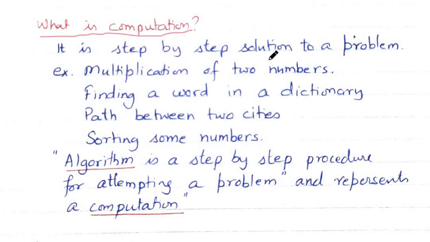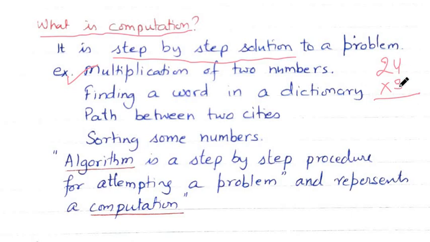We say that it's a step-by-step solution to a problem. For example, multiplication of two numbers. When you have a number and you want to multiply it by some other number, let's say 3, first multiply this digit, write it, and go ahead.